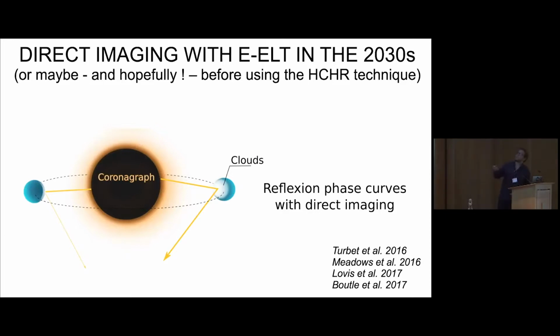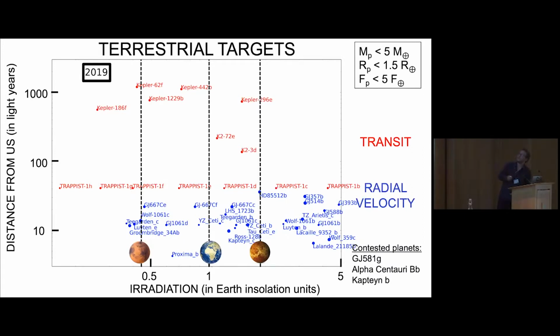The second population of planets we have are the planets in red, which are the transiting planets. As you can see, most of these planets are Kepler or K2 planets, and because of observational bias, they are super far from us. So they are not really suitable for future atmospheric characterization.